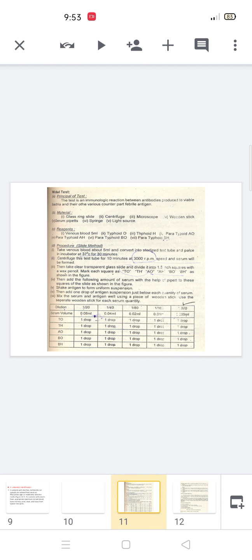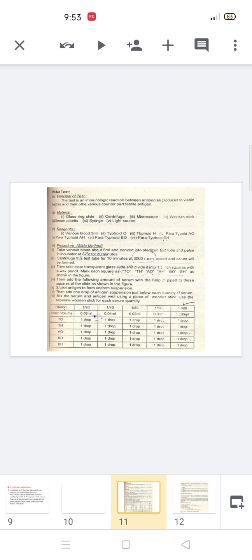If you see this slide, this shows you the method, I mean the procedure, as well as the principle of the typhoid or the Vidal test. The principle of the Vidal test is an antigen and antibody reaction. Remember, unknown antibody.